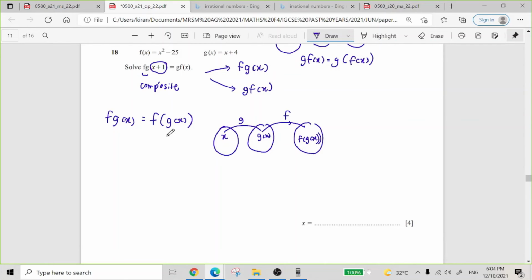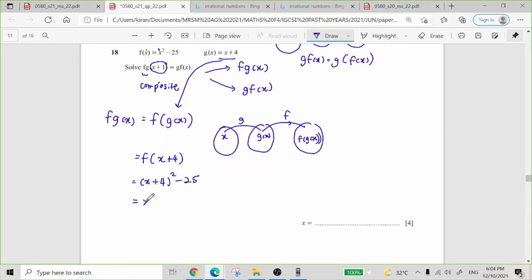For the function fg(x), we look at function g here, which is x plus 4. We substitute here: x plus 4 into function f, which means x plus 4 will be substituted into the variable x. So (x plus 4) squared minus 25.